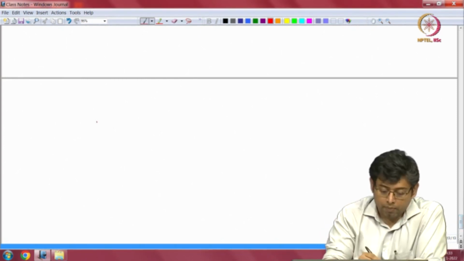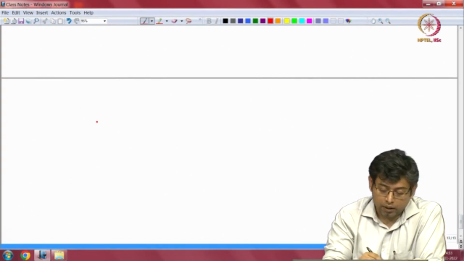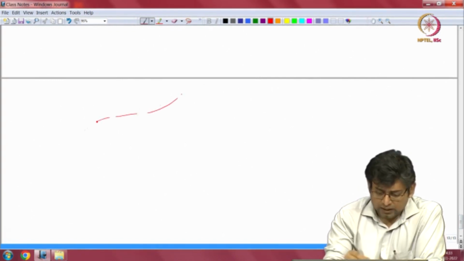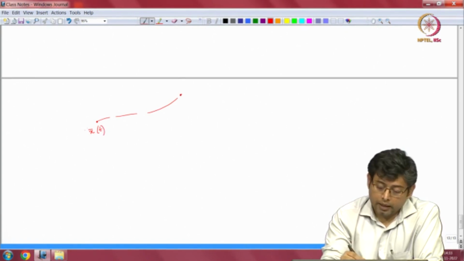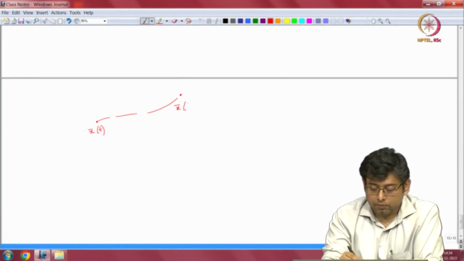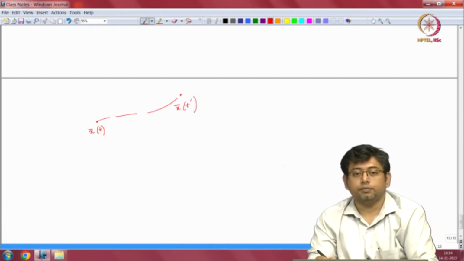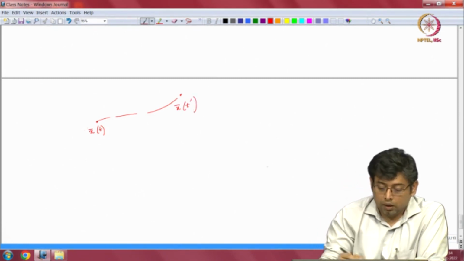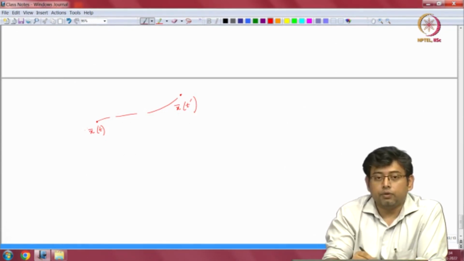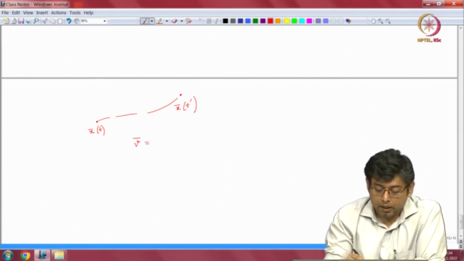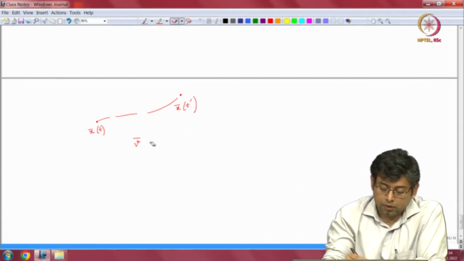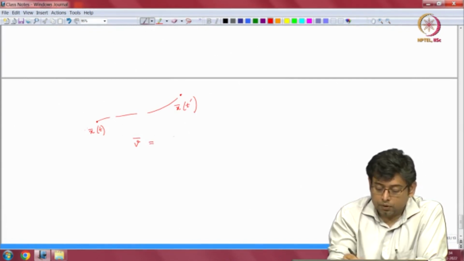So, let us say you have a point mass, and this point mass is now moving, and this is the locus it is going to track out. So, this was its position at some time t, and now at some other time, t dash, it has a new position. If this path is known, then the velocity of this particular body is simply dx by dt.